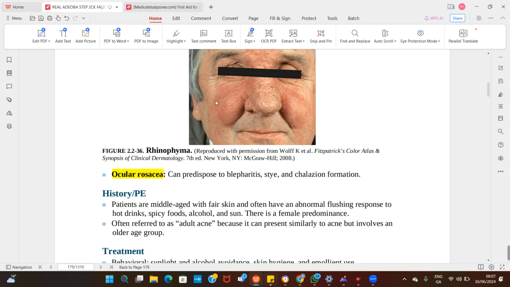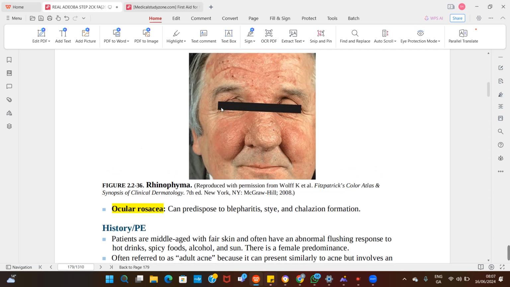Ocular rosacea. So this person is going to be having the facial flushing too, but they'll be having some manifestations involving the eyes. And what are we talking about? We can get the history that the eye is inflamed, it's red, particularly the eyelid, causing blepharitis. You see evidence of stye, pus formation within the eyelid, which is painful because of occlusion of the meibomian gland with superimposition of Staph aureus, causing painful eye lesions, right?